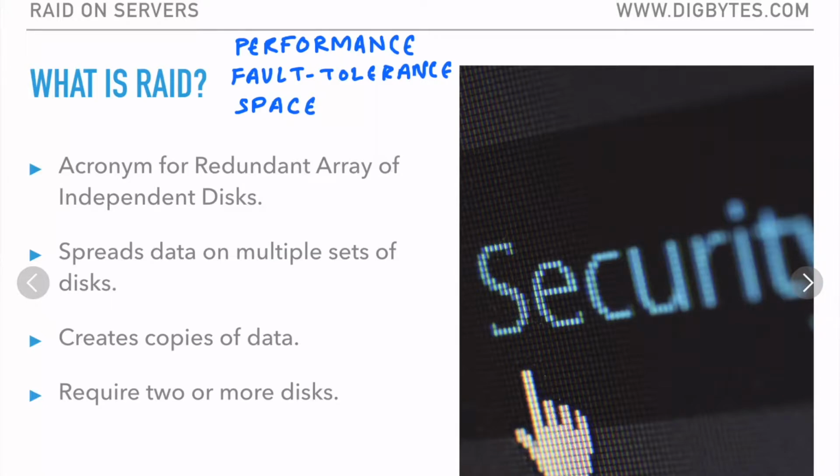RAID stands for redundant array of independent disks. In some cases, it is also known as redundant array of inexpensive disks. The prime motive is performance, fault tolerance, and space. It spreads data on multiple sets of disks. It creates copies of data and requires multiple disks. You start with two or more disks.